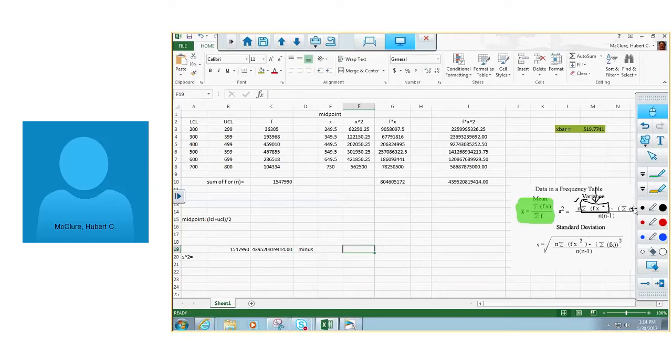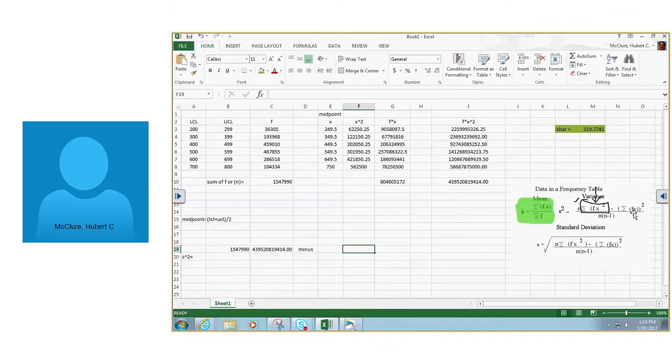Okay, and then what is this over here? Let me move this. What does that say? The summation of f times x, quantity squared. Well, don't we have the summation of f times x? It's right there. So I'm going to put equals this number raised to the what? Second power.